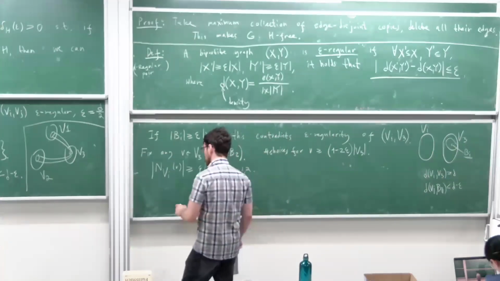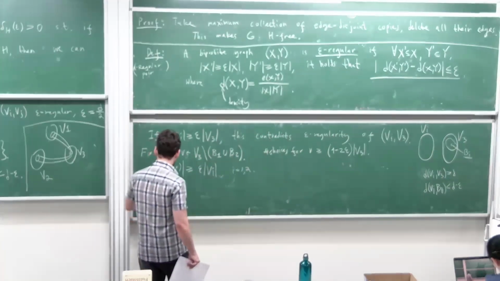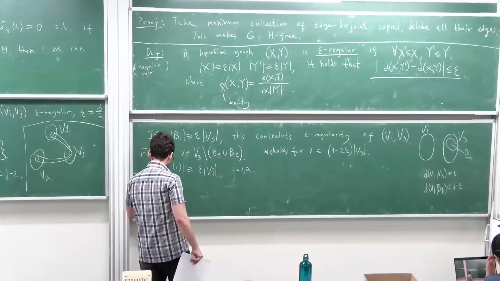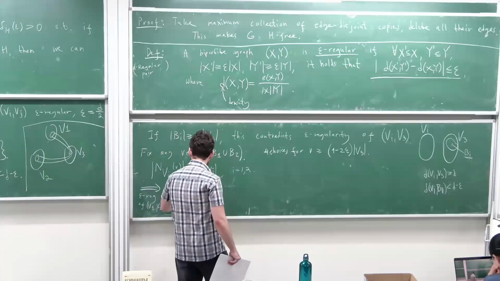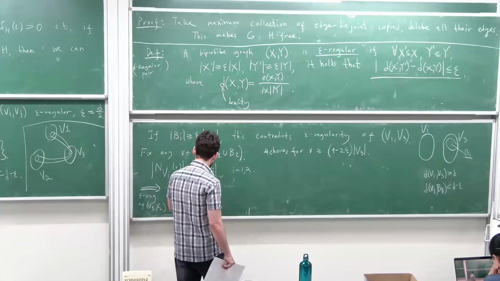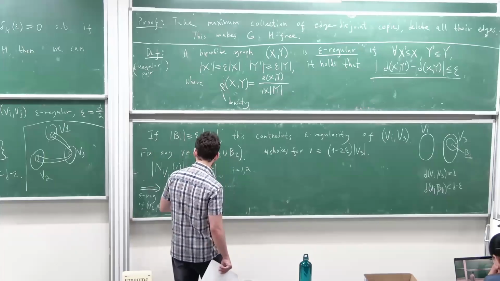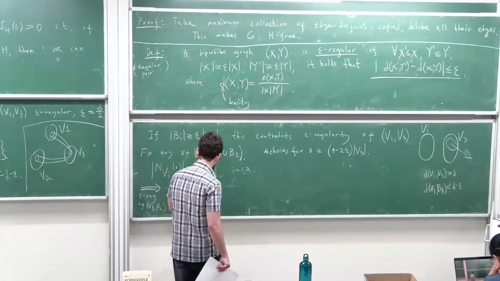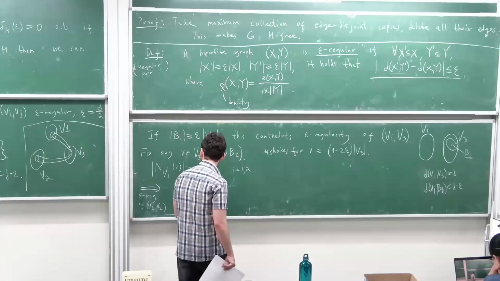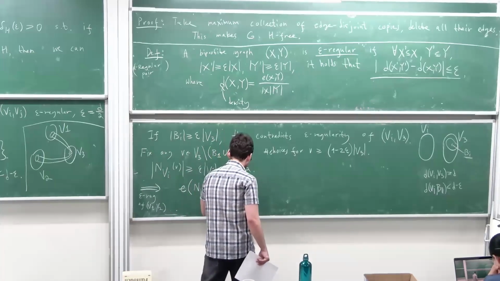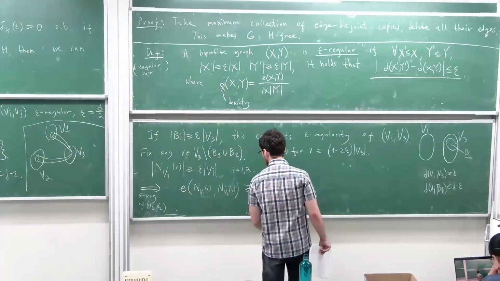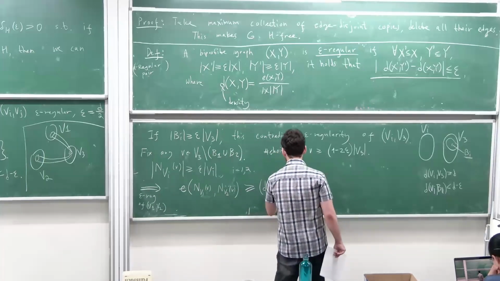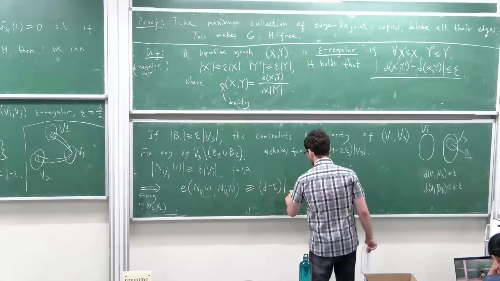Therefore, by the epsilon regularity of V1, V2, the number of edges between the neighborhood in V1 of v and the neighborhood in V2 of v is at least (d minus epsilon) times the product of these neighborhoods.